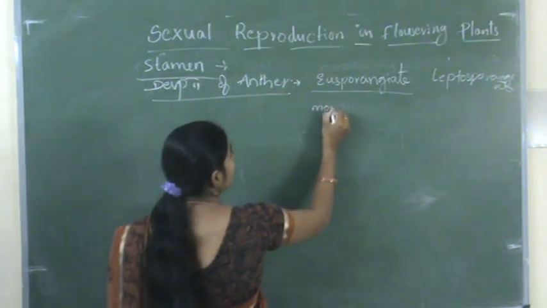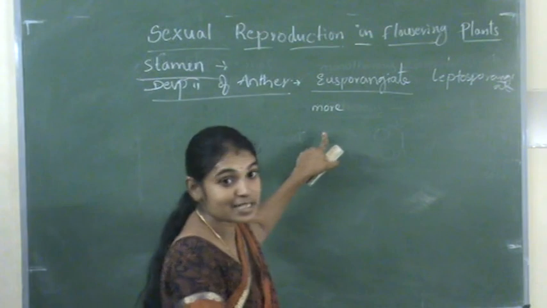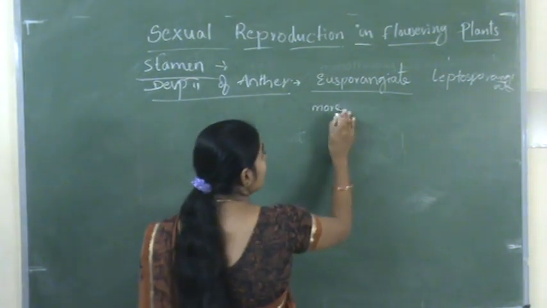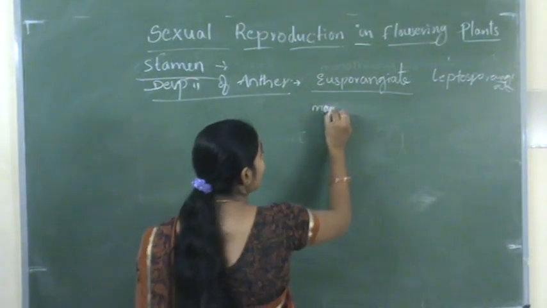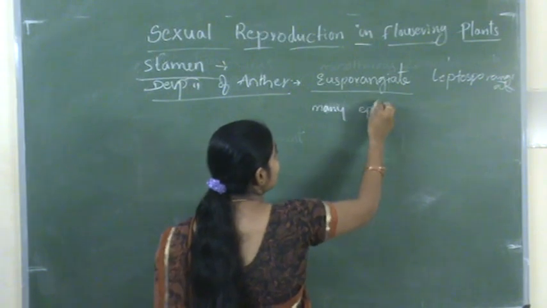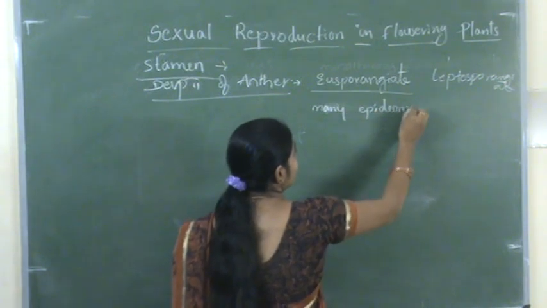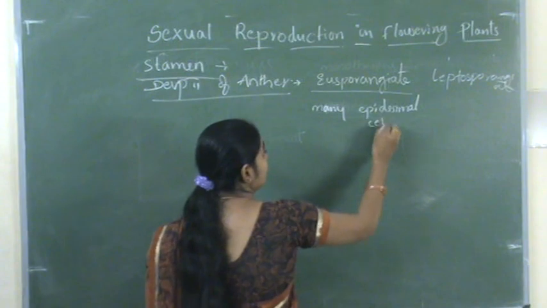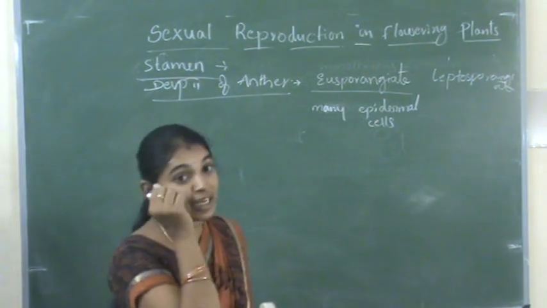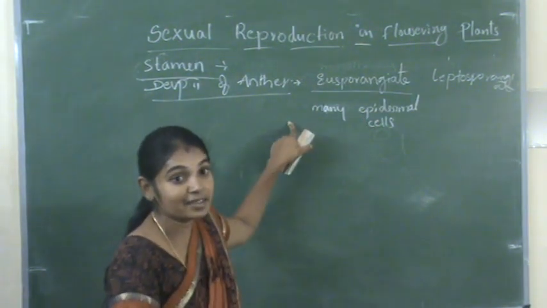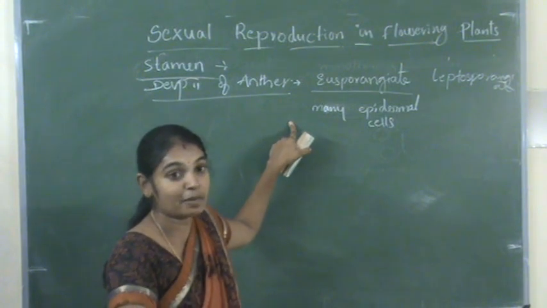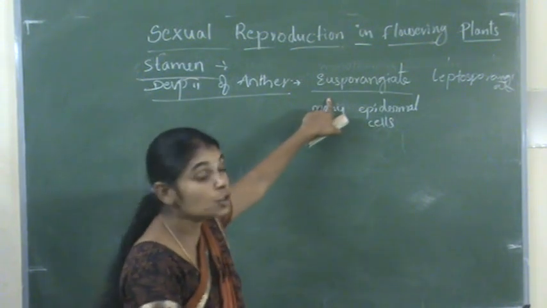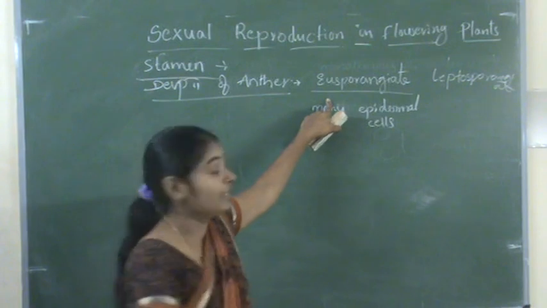So here the anther is developed from many epidermal cells. Such type of development is called eusporangiate development.